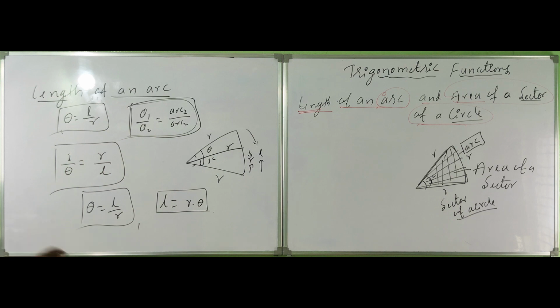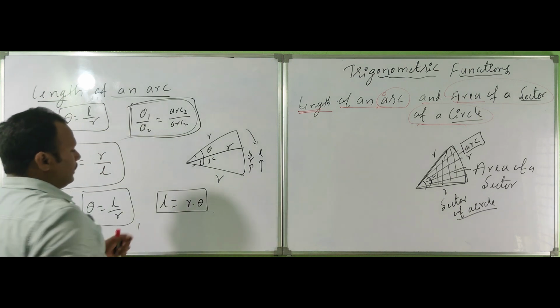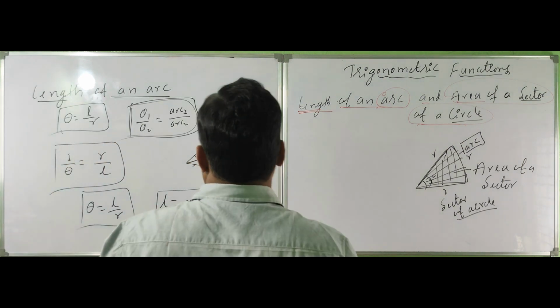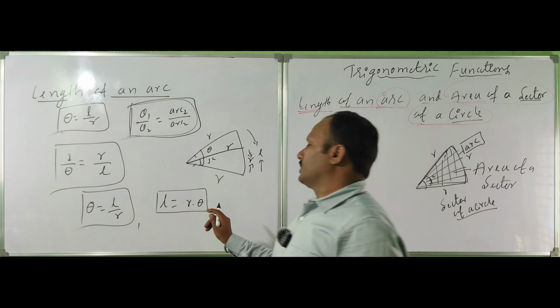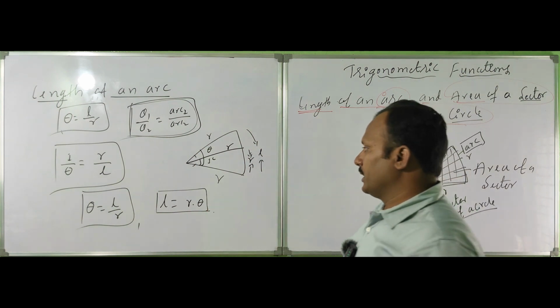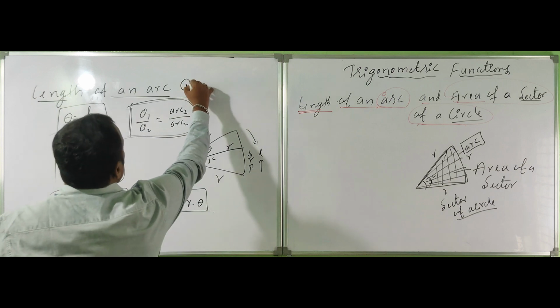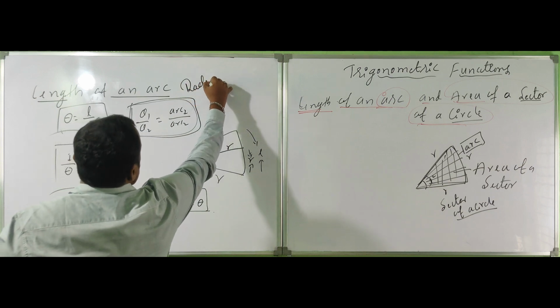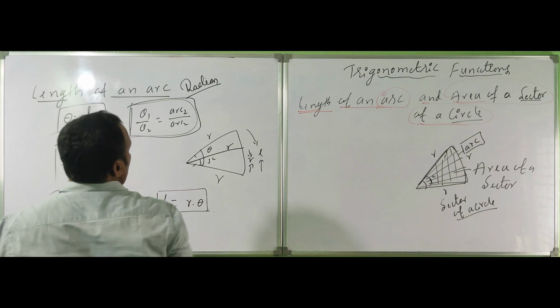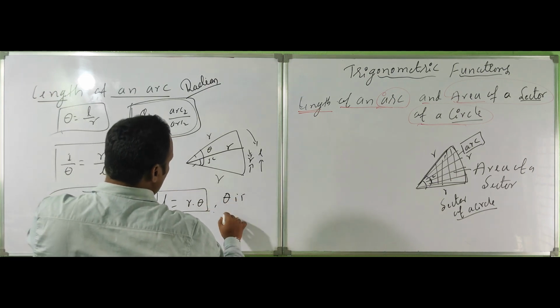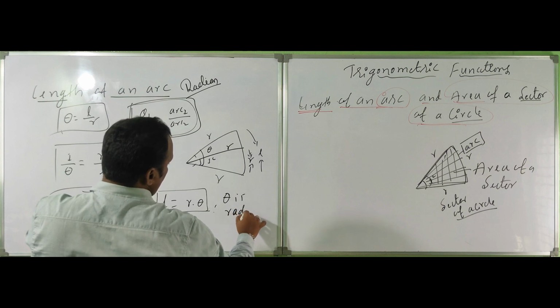The length of the arc is the product of the radius and its angle in radian measure. This is possible only in radian measure. Theta must be in radians.